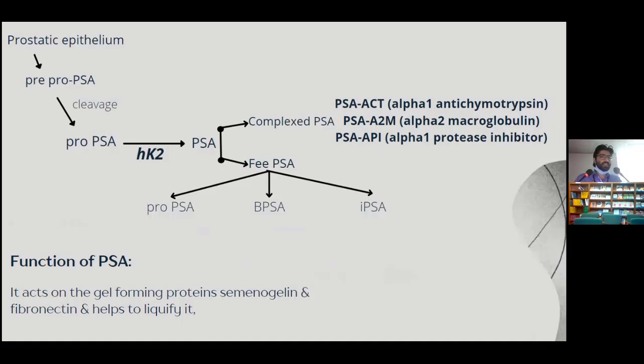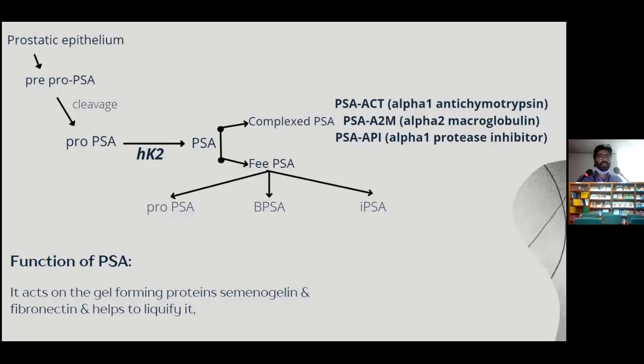This PSA exists as free PSA or complex PSA. We know that the complexed PSA is higher in concentration than the free PSA. Most of the PSA is complexed to alpha-1 anti-chymotrypsin, alpha-2 macroglobulin, and alpha-1 protease inhibitors.